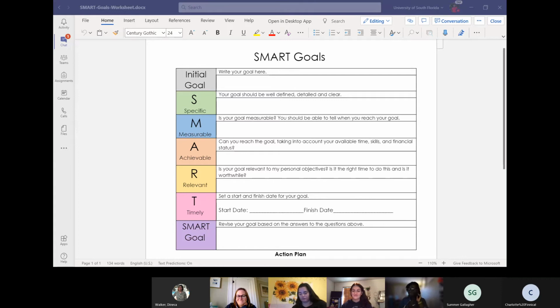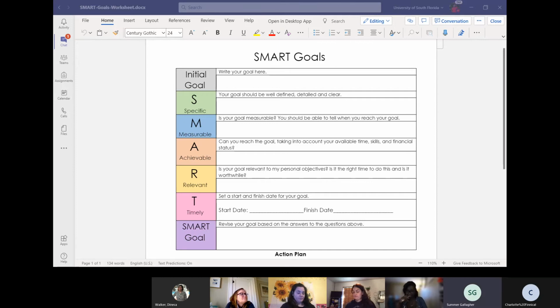So would anyone like to share their SMART goal first? Summer. Yeah, I could share mine. All right, so what was your initial goal, or what is now your SMART goal?